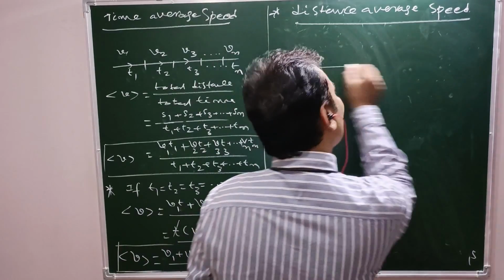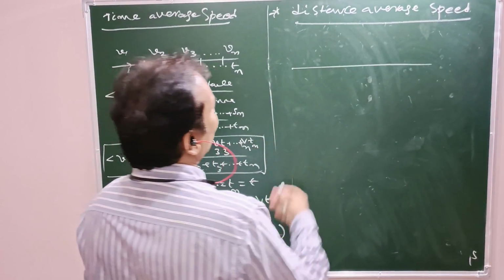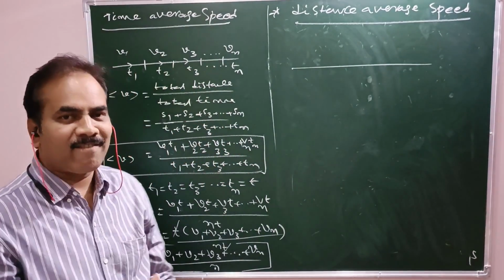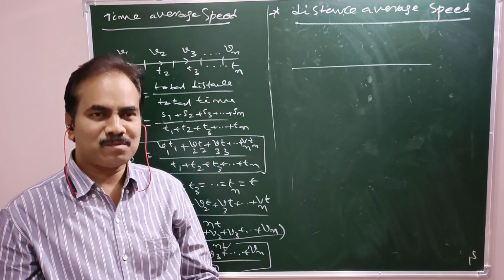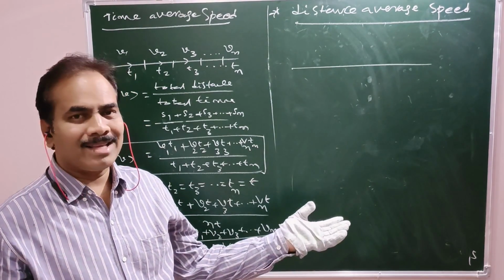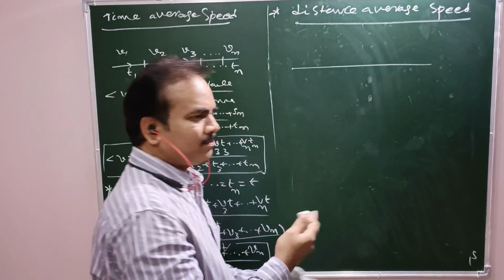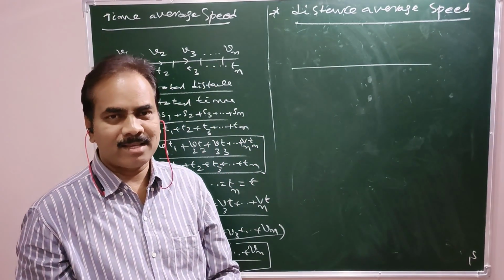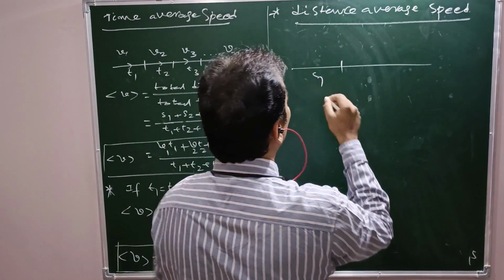See, this is the path of the particle. Okay. Now here the particle moves with different speeds. Okay, the particle moves with different speeds to cover successive unequal distances. Means here the total length of the path is divided into unequal segments. Here it is S1.